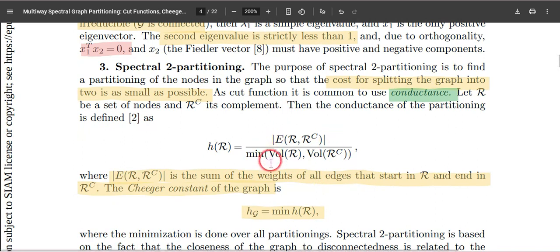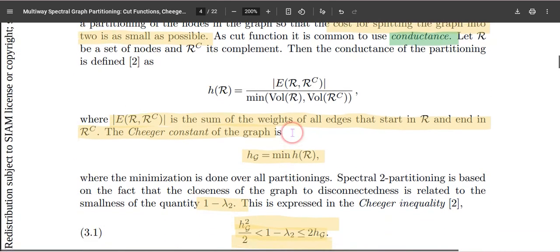The numerator is the sum of the weights of all the edges that connect one subgraph to the other subgraph, so that the connectedness between the two subgraphs is minimized. The denominator is such that it has a reasonable number of edges in each subgraph. That is what is termed the volume of R and the volume of R complement.